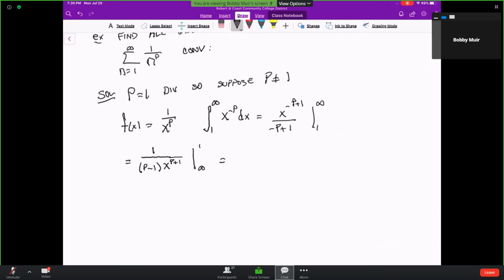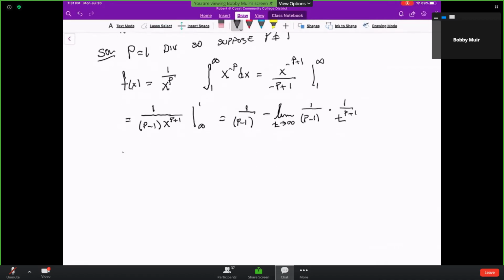And so this is equal to, when I plug in the 1, remember the p doesn't equal 1, 1 over p minus 1 minus the limit as t goes to infinity of 1 over p minus 1 times 1 over t to the p plus 1. Okay, so the whole question now boils down to this.